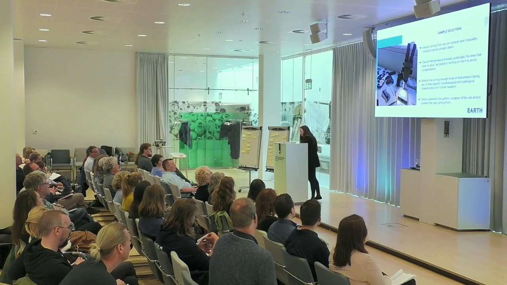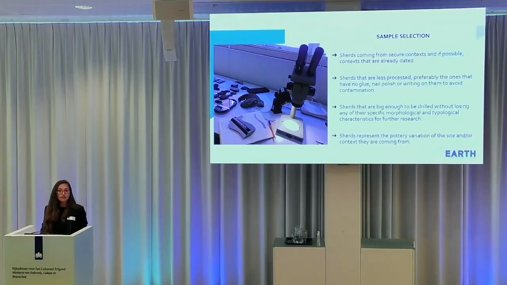And if it's only one or two pots, I can still give you results, but we cannot talk about site function. We cannot talk about the whole assemblage. And if you are doing that, please mention in your report that this is only for this pottery or for this context, and that it doesn't apply to the whole site or whole culture.